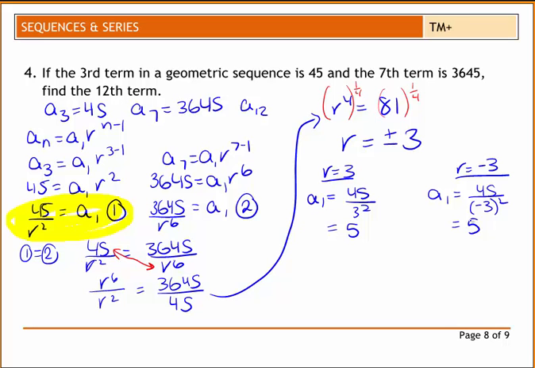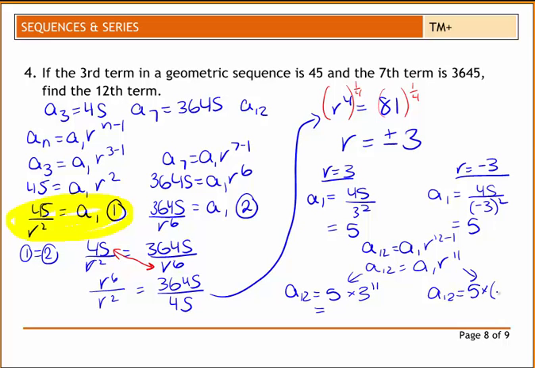So I've got two solutions: a1 is 5 and r is 3, or a1 is 5 and r is negative 3. So when I want to work out a12, that's a1 r to the 12 minus 1, or a12 equals a1 r to the 11. I have to have two solutions. a12 is 5 times 3 to the 11, and a12 equals 5 times negative 3 to the 11.